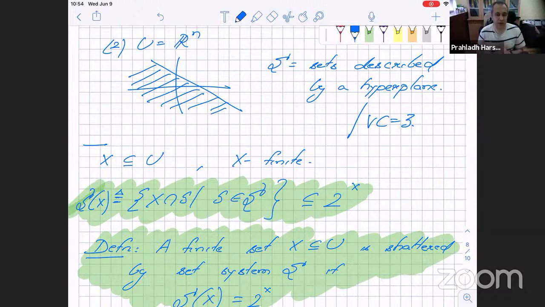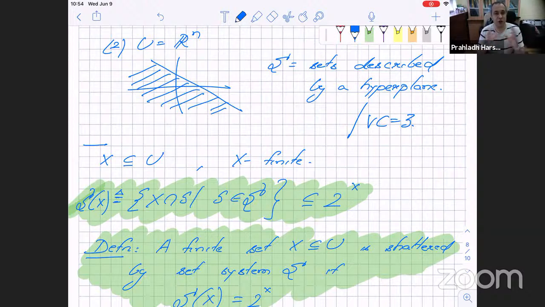If the maximum does not exist, it keeps growing larger and larger. What we will see is that several set systems, like convex sets, are nicely behaved and have small VC dimension, even though the set system can be infinite. And once the VC dimension is small, several algorithms become much easier.